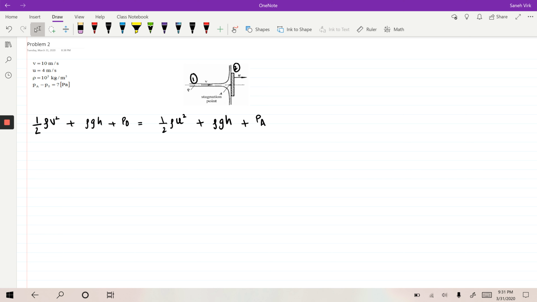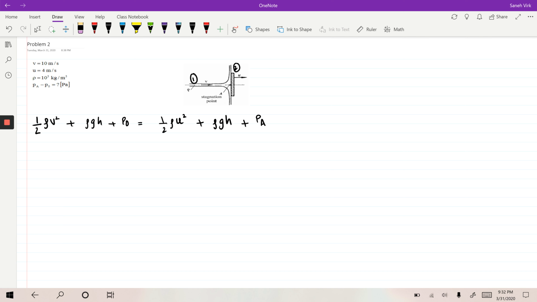But you can do whatever works for you. Then there's u right here, which is v2. And then I didn't put anything for the heights. Why? Because they're the same. There is no difference in the height. It's still going this way at the same level. And then we are trying to find the difference in pressures here.